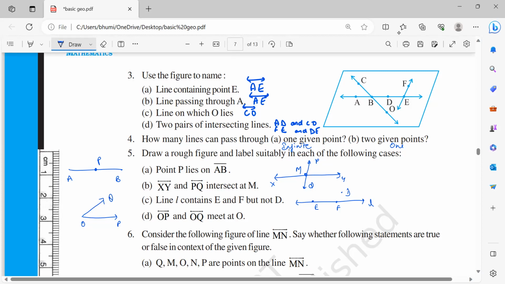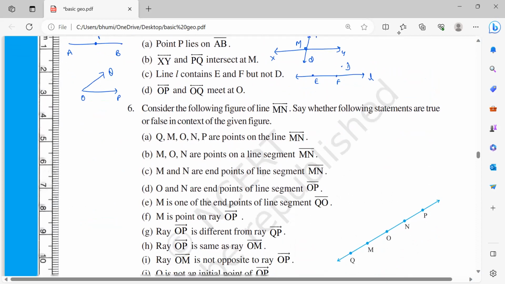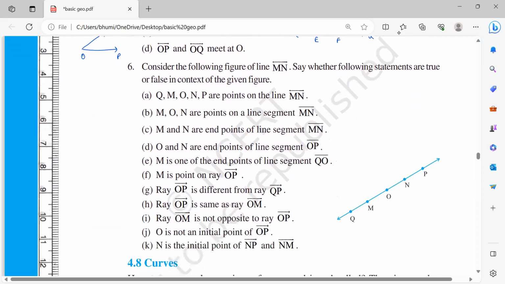Okay. Next, consider the following figure of line MN. Say whether the following statements are true or false in the context of the given figure. This is the given figure MN. Q, M, O, N, P are points lying on line MN.